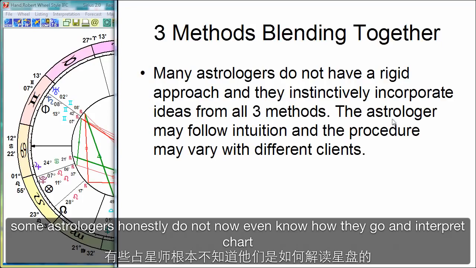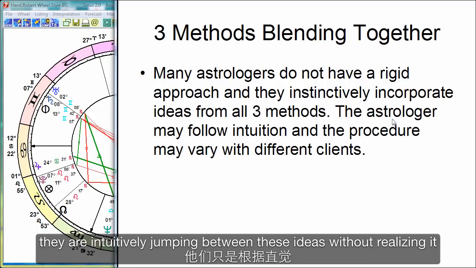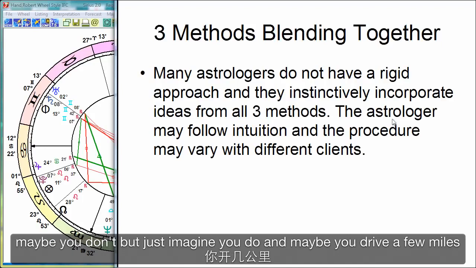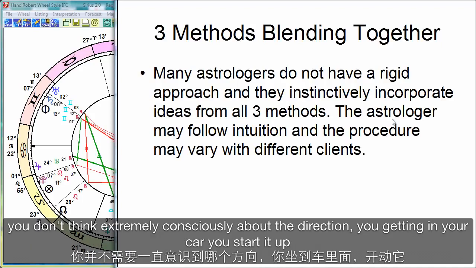Some astrologers, honestly, don't even know how they go about interpreting a chart. They're intuitively jumping between these ideas without realizing it. For example, suppose you drive to work in your car, maybe you don't, but just imagine you do, and maybe you drive a few miles, you don't think extremely consciously about the direction.